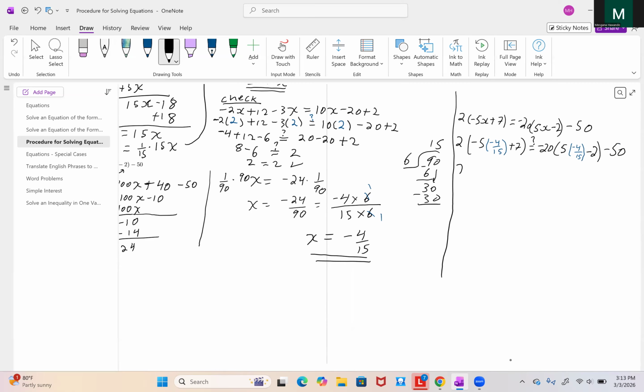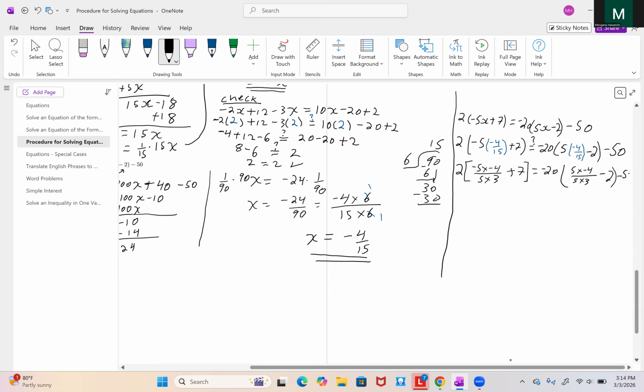So we have here 2 times minus 5 times minus 4 over 15. 15 can be written as 5 times 3, plus 7, is equal to minus 20 times 5 times minus 4 over 5 times 3, minus 2, minus 50, question mark.